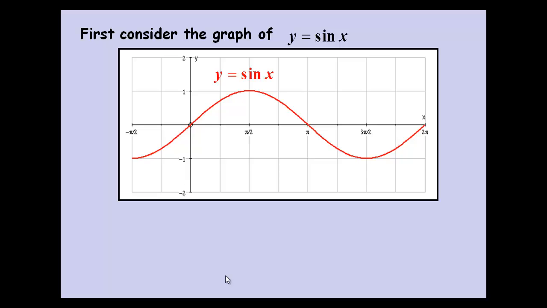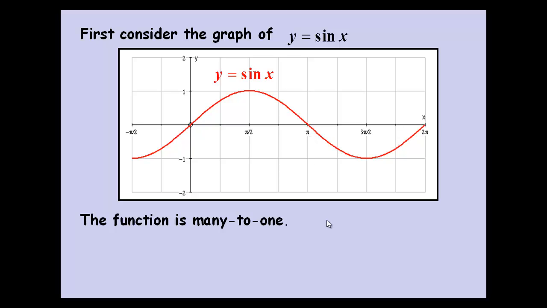Right, let's have a look at the sine graph. Hopefully a very familiar graph to you, y equals sine x. It's a many-to-one function. We've got a lot of x values which give us the same y value, in fact any y value.